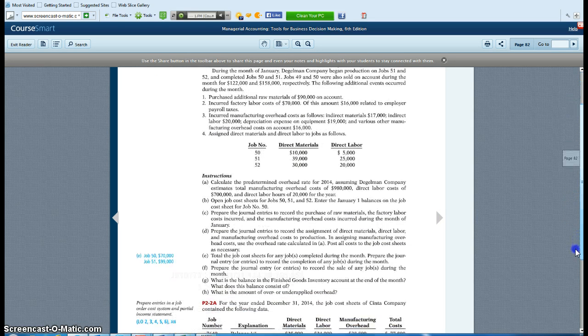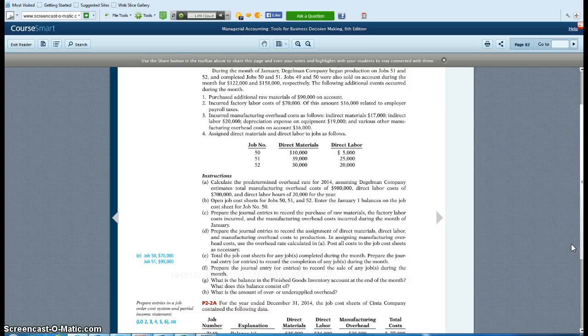This is our first portion we need to do, which is A. We're going to calculate the predetermined overhead rate for 2014. Assuming Degelman Company estimates total manufacturing overhead costs of $980,000, direct labor costs of $700,000, and direct labor hours of 20,000 hours.